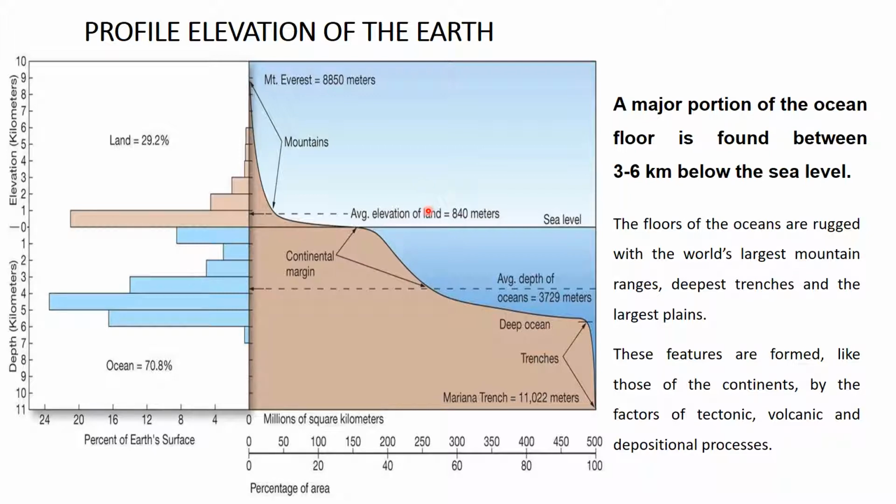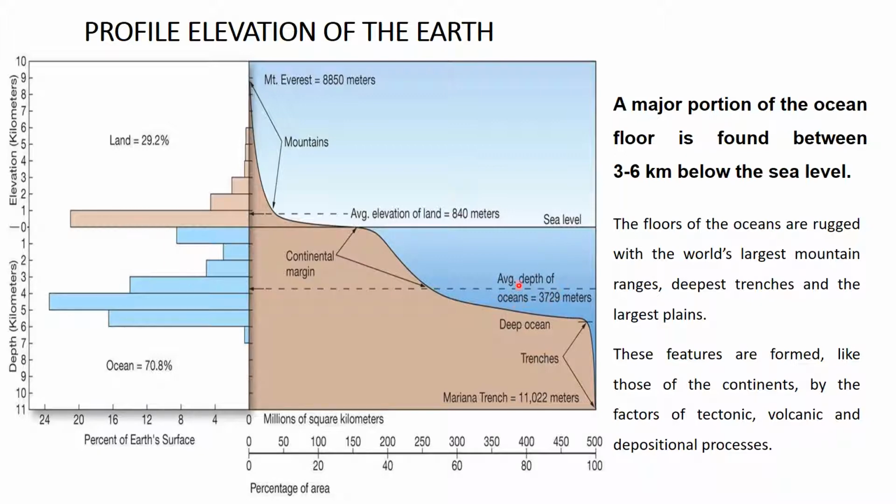But in the oceans, we need to keep this in mind: we measure the relief features below the sea level. That is why we don't call it elevation, but we call it the depth, the depth of the oceans.